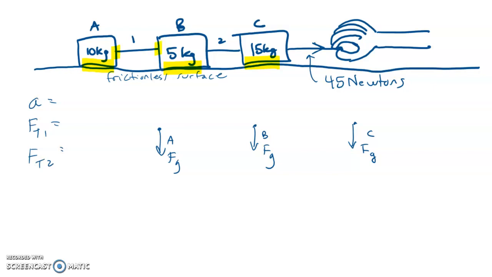And then there are spots where the ropes make contact with these objects. And the reason I do that is every single spot that there's a contact point, there's going to be a force. So for example, where these objects touch the ground, there's going to be a normal force. There's also a possibility of a friction force wherever something touches the ground, but this is a frictionless surface, so we don't need to worry about that.